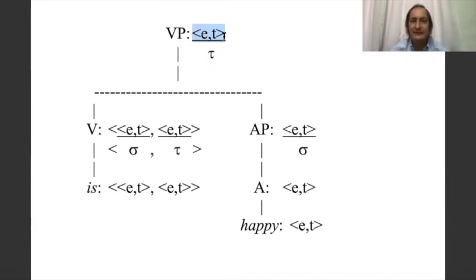So if we can find an analysis of is of this type, something that takes an ET, a one-place predicate, and gives back an ET type, another one-place predicate, then we have something that will work in terms of the semantic types for putting the verb is together with the adjective happy.